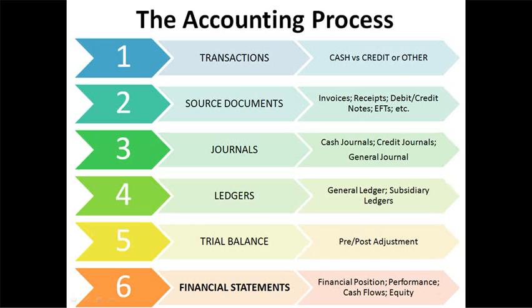We need to then take those source documents, which could be in the form of an invoice, a receipt, an EFT, a debit or a credit note. It could be anything that represents a transaction, and those need to be recorded in a journal. A cash journal, we get credit journals, we get general journals. They're all different books, or let's say classification boxes that group similar types of transactions.